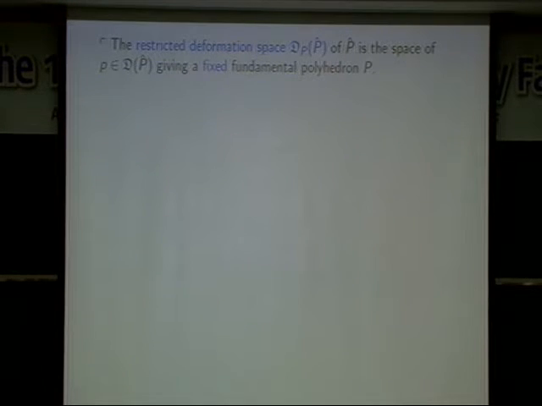So the original deformation space is just where we fix the topological Coxeter orbifold. But in this case, further we fix the fundamental polyhedron P up to projective automorphism.